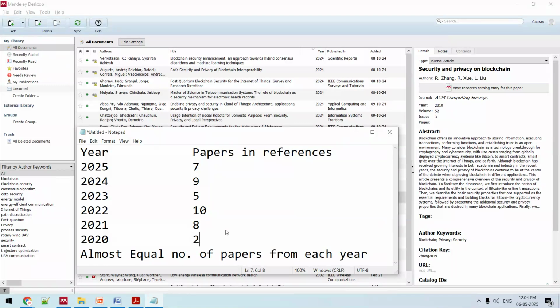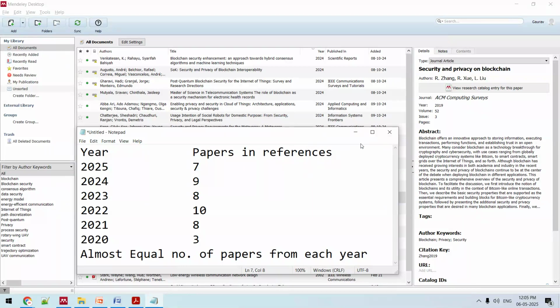That is justifiable and convincing. But if we give only one paper in 2023, there is no COVID, no problem, so why have we taken only one paper? So it should be done in this way.